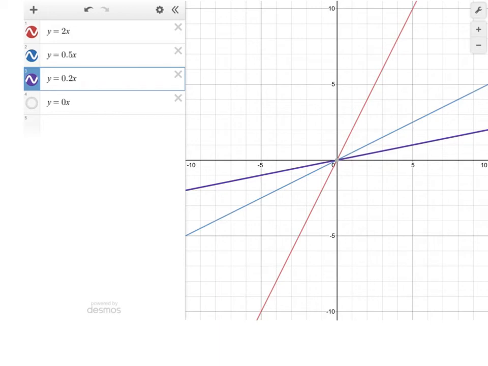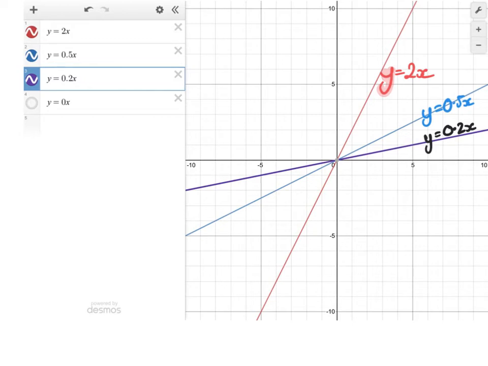Okay, one more line has been added this time, so we have y equals 2x, y equals a half x, and looking over here, I've added a purple line this time, and the purple line has a gradient of, y equals 0.2x, so that's got a gradient of 0.2.